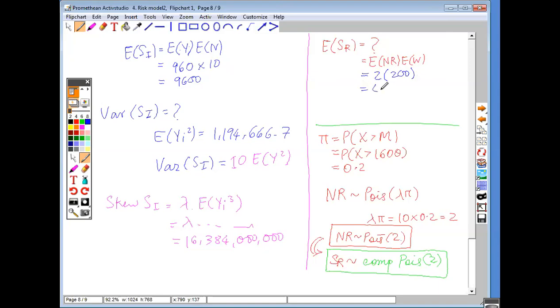And thus I get that my expectation of SR is nothing but 400. And I think now it's really straightforward to even figure out the variance of SR and everything else, right? Is this clear to everyone?